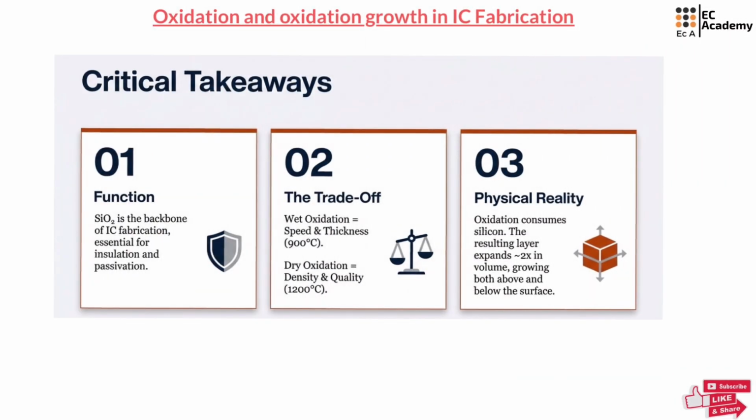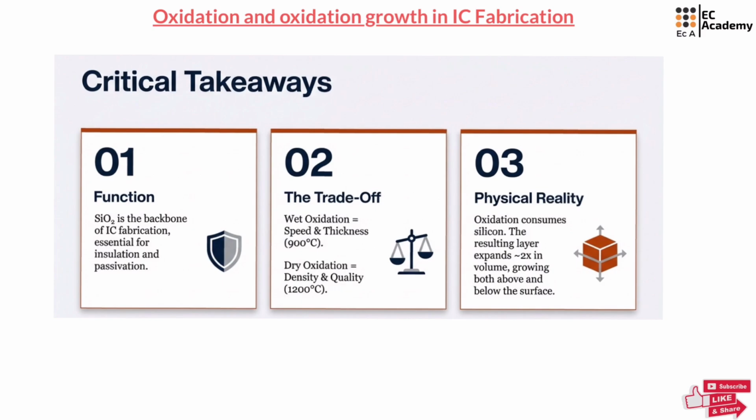Now let us quickly revise what we have learned today. The oxidation process creates a silicon dioxide layer, which is a great insulator. It is the backbone for IC fabrication, essential for insulation and passivation. There are two methods for the oxidation process. Wet oxidation, which is fast and it will produce a thick silicon dioxide layer at 900 degrees centigrade.